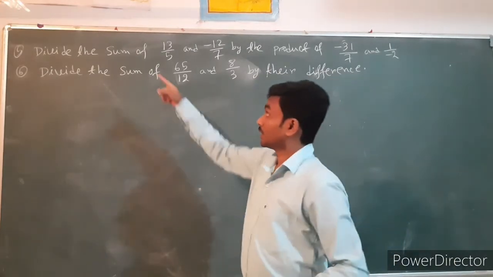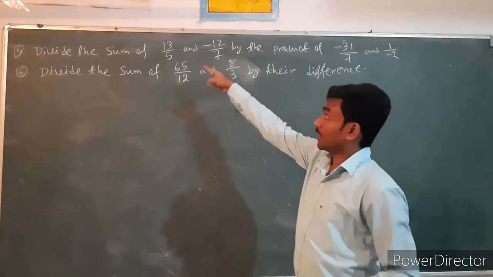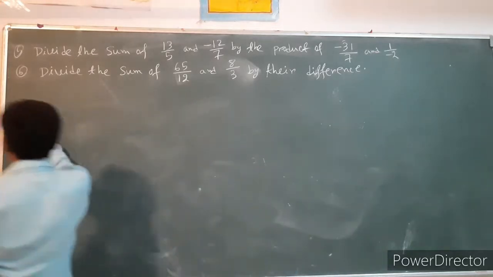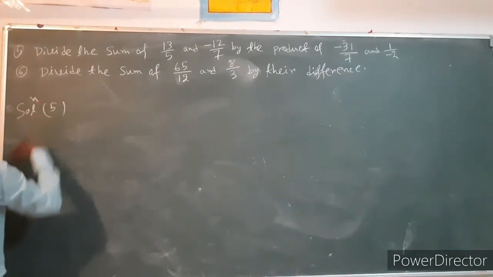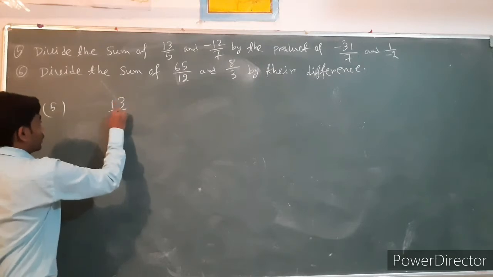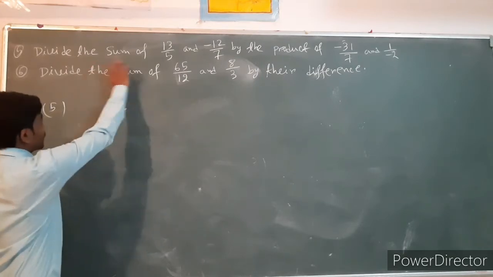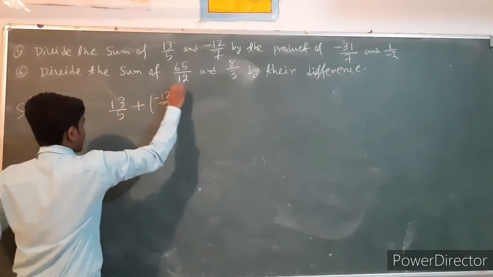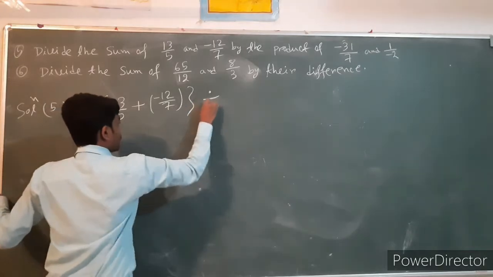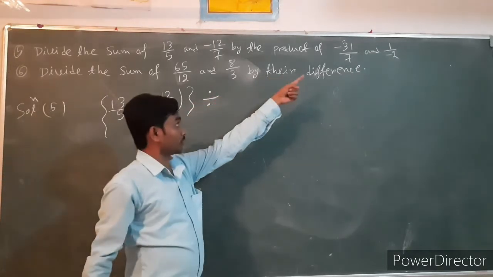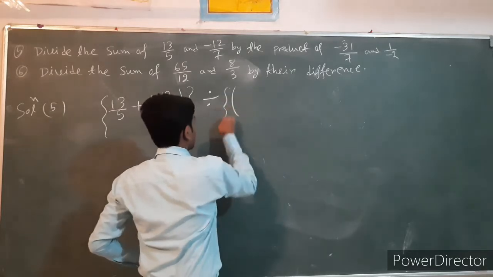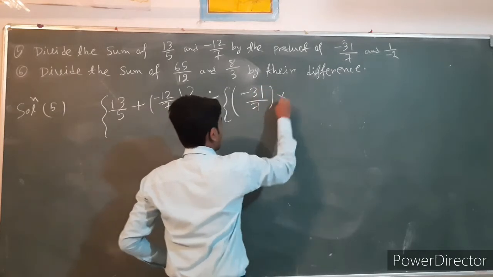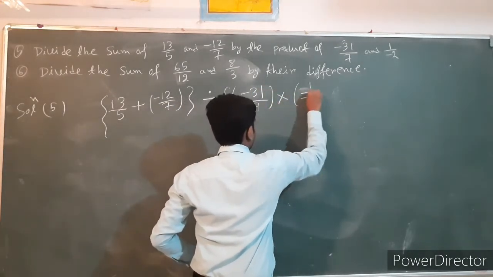Fifth question. Divide the sum of 13 upon 5 and minus 12 upon 7 by the product of minus 31 upon 7 and 1 upon minus 2.